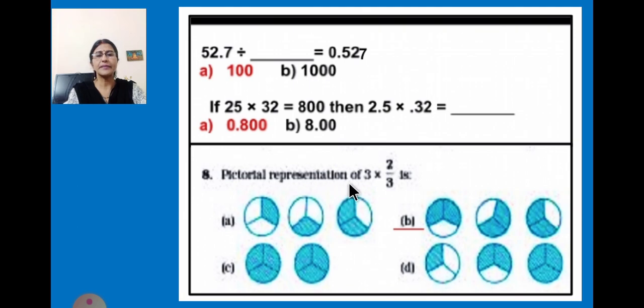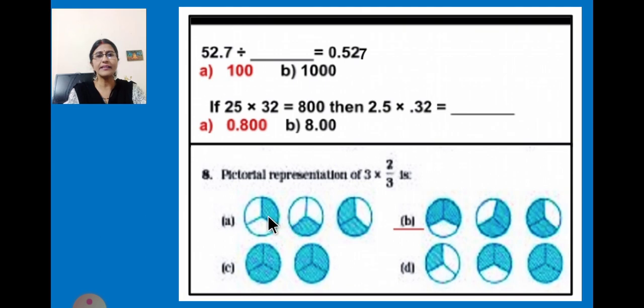Next is the pictorial representation of 3 into 2 upon 3. You have to select the right picture which is showing this multiplication, 3 multiplied by 2 upon 3. First we will see which picture is showing 2 upon 3.